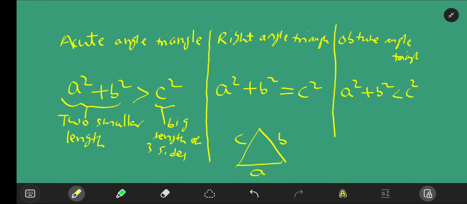Okay, you need to understand this. You have to write this also. These are the conditions. These are the formulas.